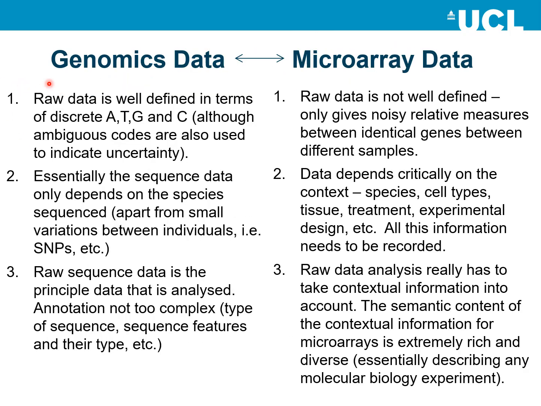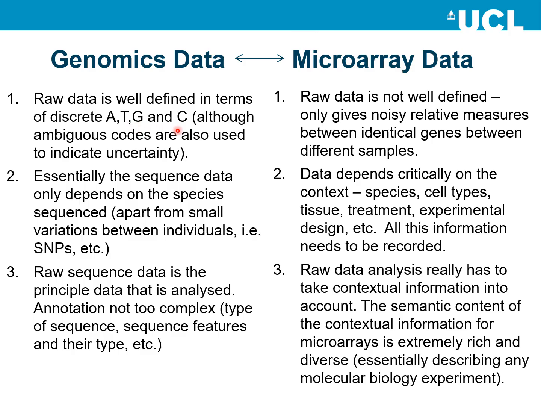So if we look at a comparison between genomic data and microarray data, as you would have seen from David's lectures, genomic sequence data is just a sequence of nucleotides A, T, G and C, adenine, thymine, guanine, cytosine.